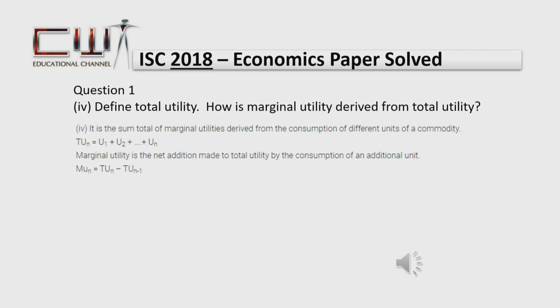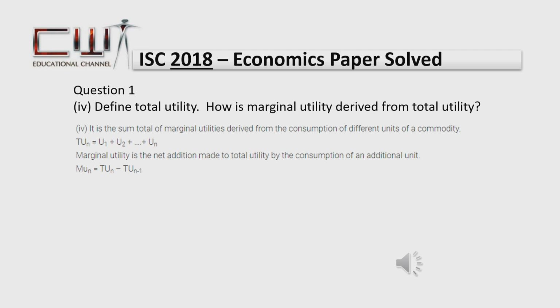Define utility. How is marginal utility derived from total utility? Utility is the sum total of marginal utilities which is derived from the consumption of different units of a commodity. That is, TU, total utility at n number of units, is equal to unit 1 plus unit 2 plus till unit n.